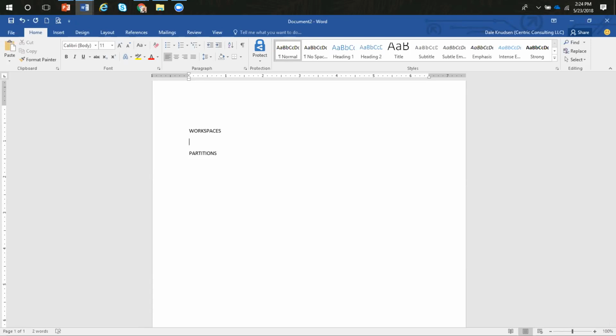Workspaces are the areas where, from a user perspective, you create different areas of the instance to work under, and partitions are like separate databases in Marketo, almost like a separate database within the larger one, where they have to flow between.